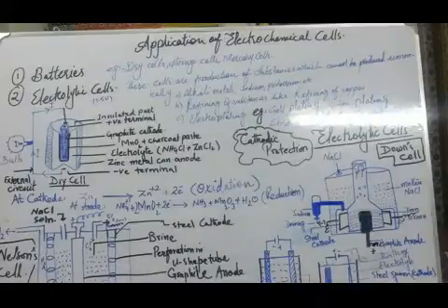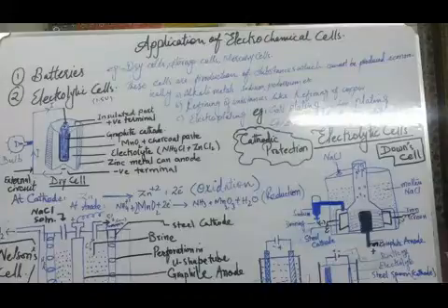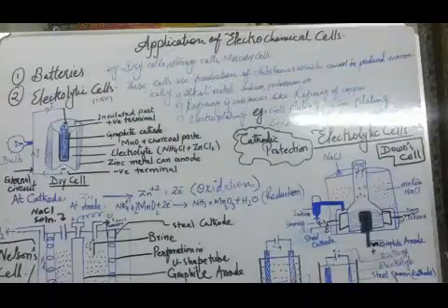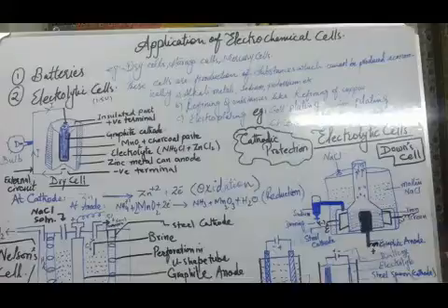As a result, chlorine is produced, which is exhausted from the chamber, whereas water is reduced in the chamber and changed into the hydroxyl ion.